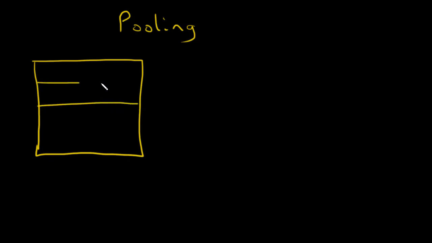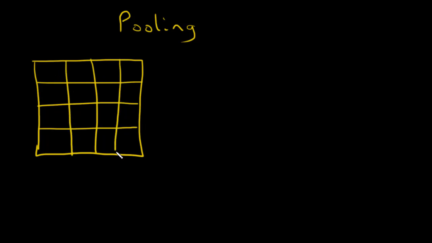I can draw that pretty quickly. Okay, so there's my 4 by 4. I'm going to put some values in here: 7, 1, 1, 0, 2, 3, 4, 9, 2, 5, 1, 3, and maybe 6, 3, 4, 1.